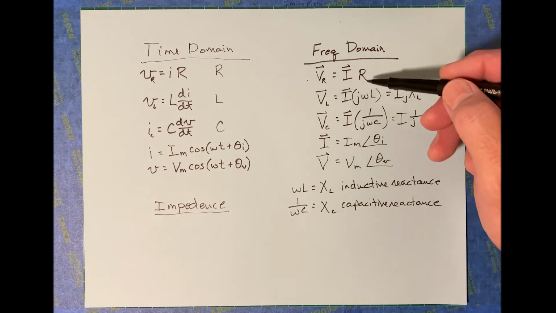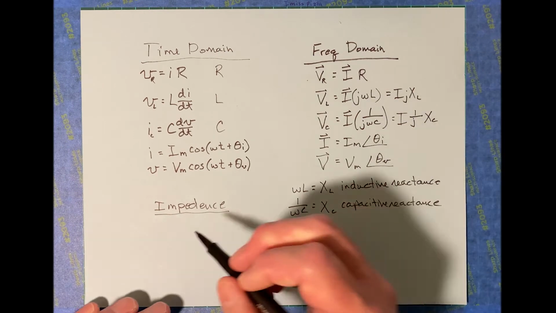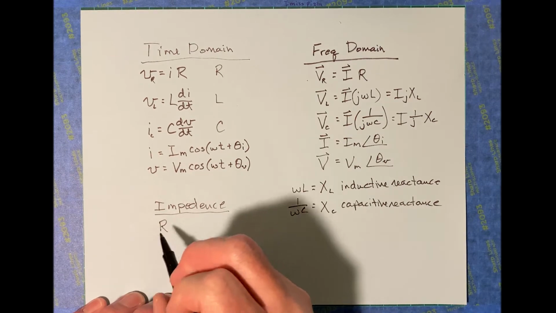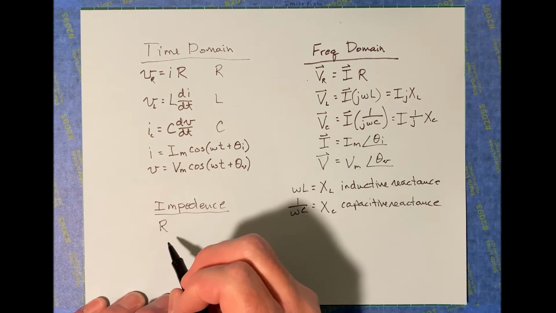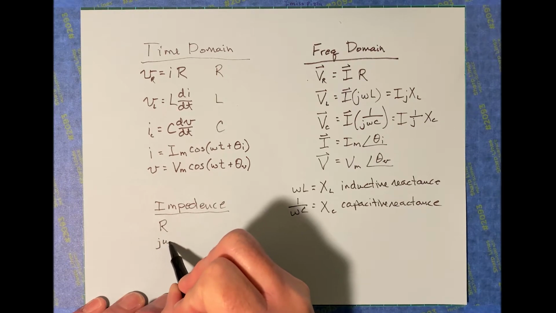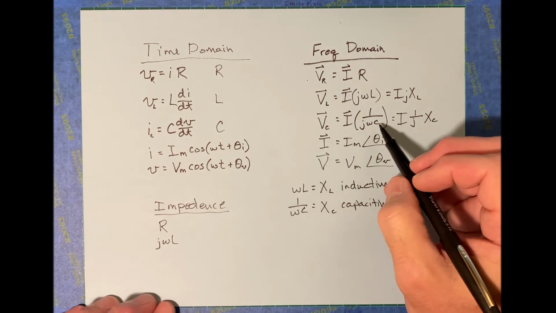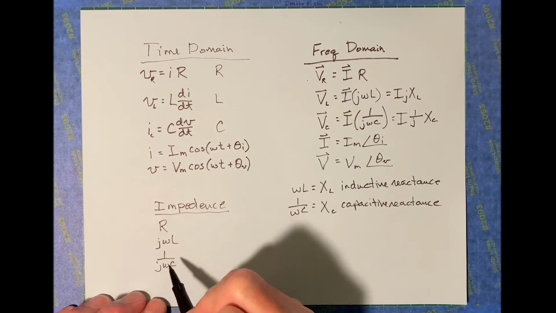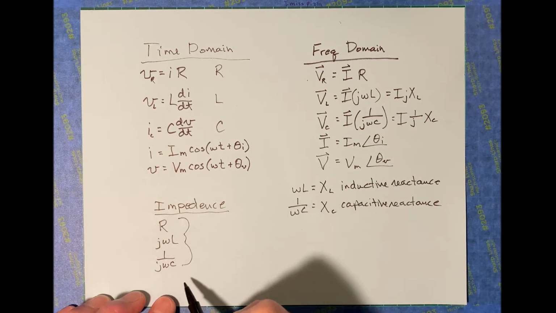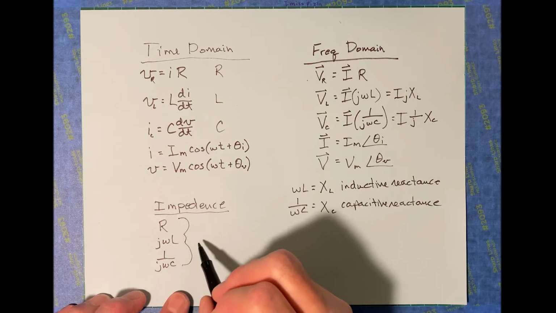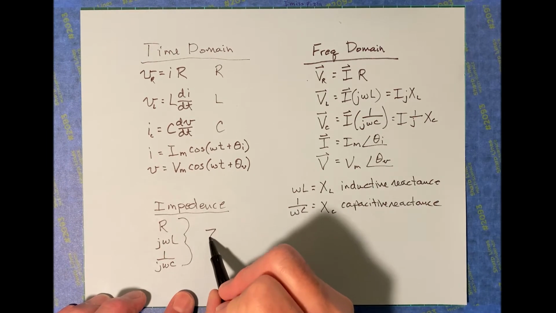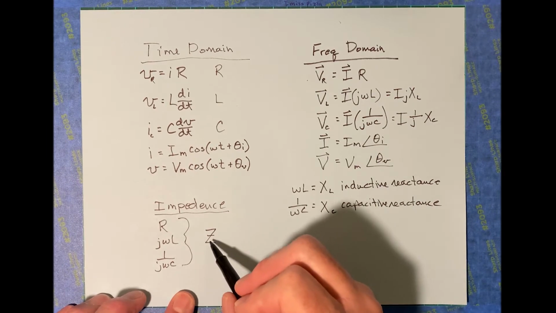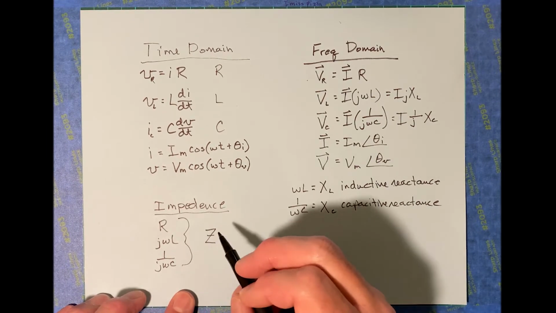All right, but if you take each one of these then, you can say its impedance for the resistor is just R, the impedance for the inductor is j omega L, the impedance for the capacitor is just 1 over j omega C. All three of these are impedances, so in general we'll give impedance a symbol of Z. And Z is going to be a complex number, and Z is impedance.